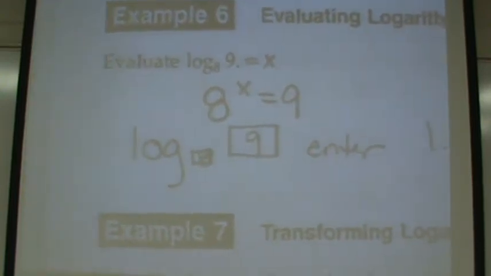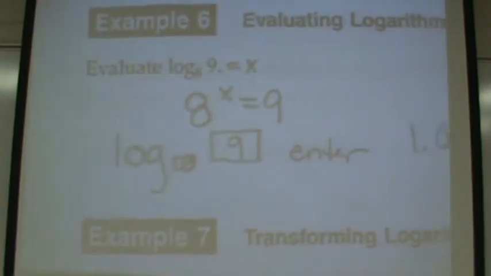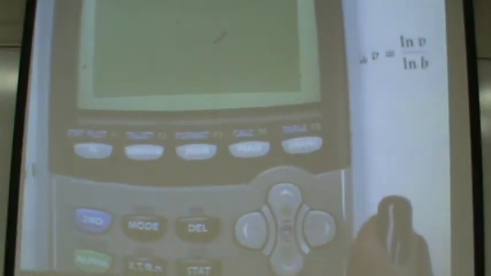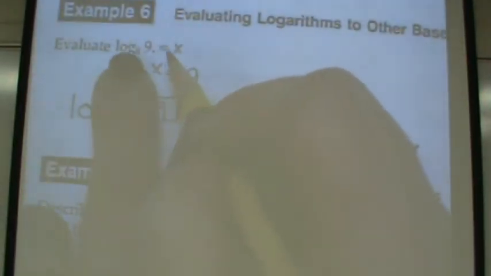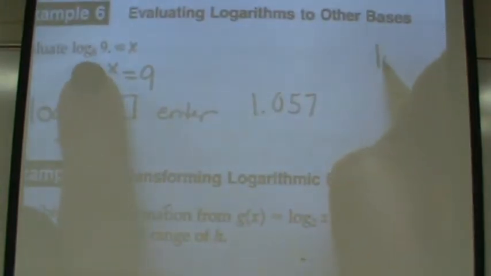If you have the old calculators, and a lot of you guys still have them, these ones right here, what we do is use the change of base formula. Does anyone remember, before I tell you, how to type this in your calculator? You're going to type in the log of 9 divided by the log of 8.